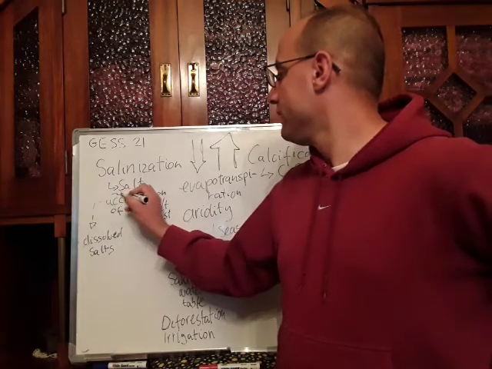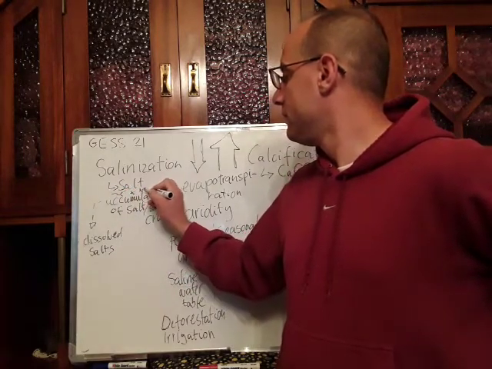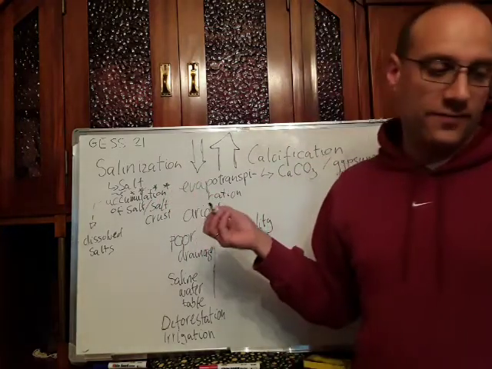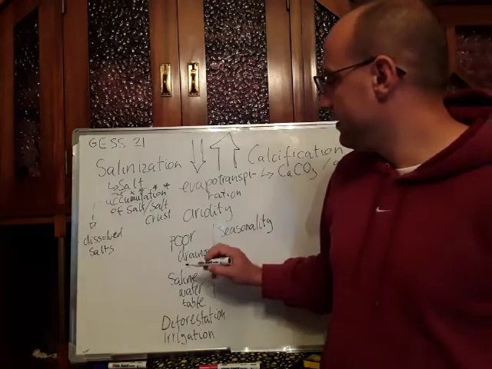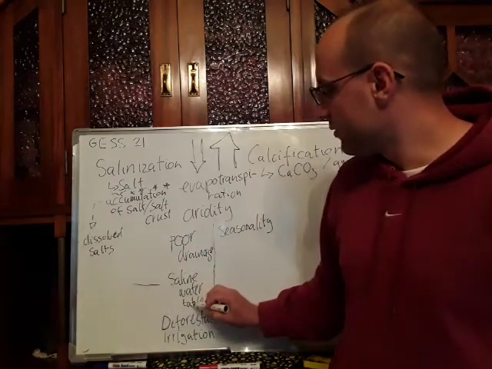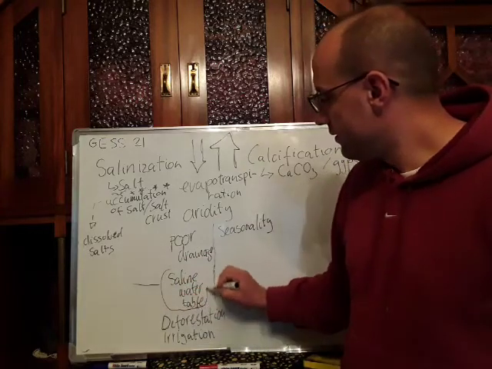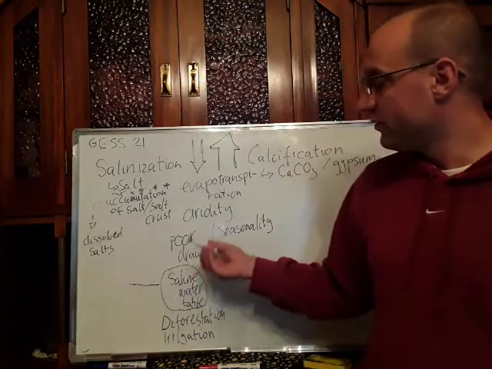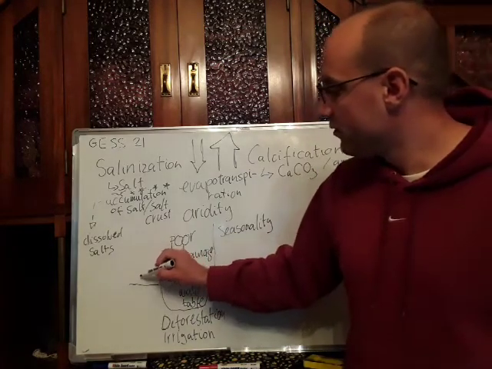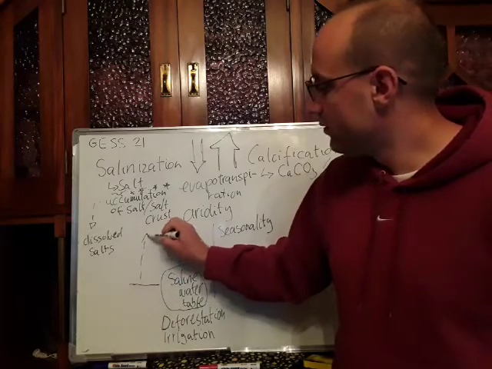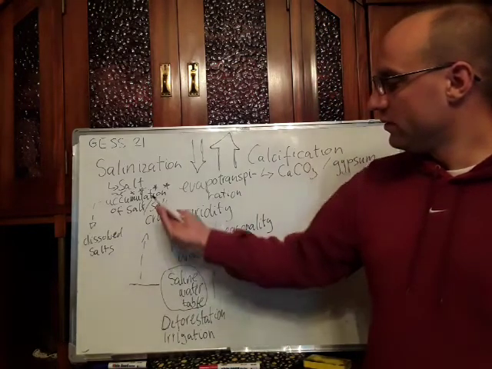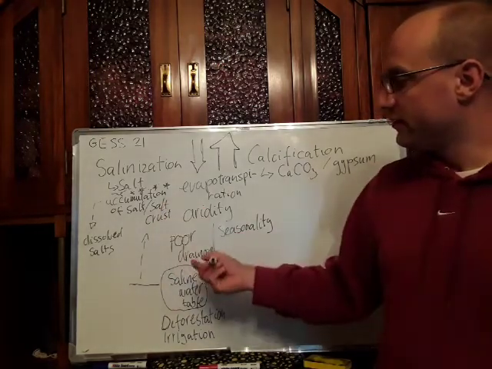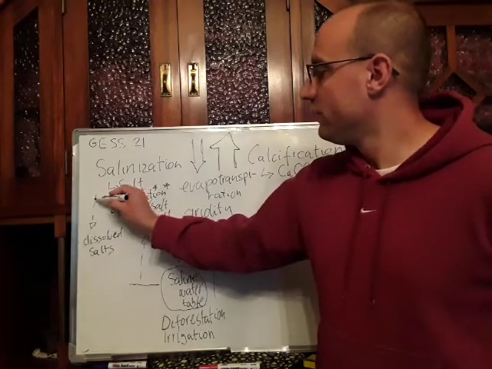Right on the surface, we have these little crystals of precipitated salt. And if we had a saline water table, that means there is saline water in the soil, then capillary movement will be able to attract that water and the salt content to the surface.